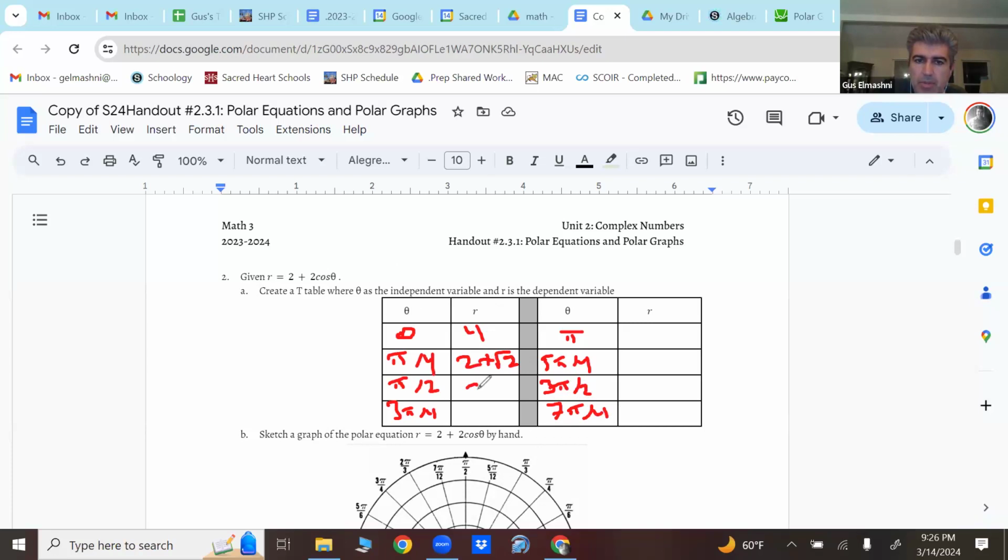Pi over 2 is 2. 3 pi over 4, 2 minus root 2.